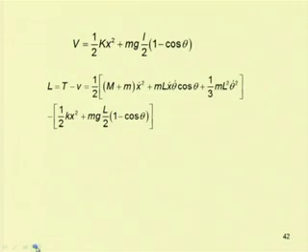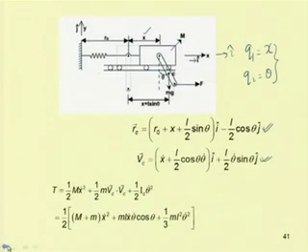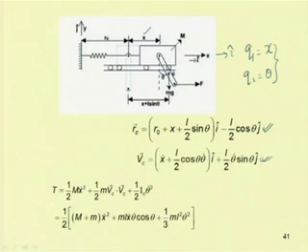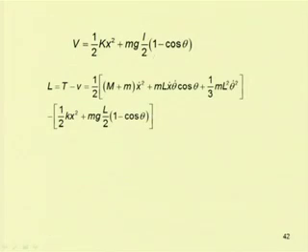Now, the potential energy of the system can be written due to the potential energy of the spring and due to the change in position of the mass center of this bar. So, the potential energy due to spring equals half k x square, plus the potential energy due to the change in position of the bar, which will be equal to m g into L by 2 into 1 minus cos theta.